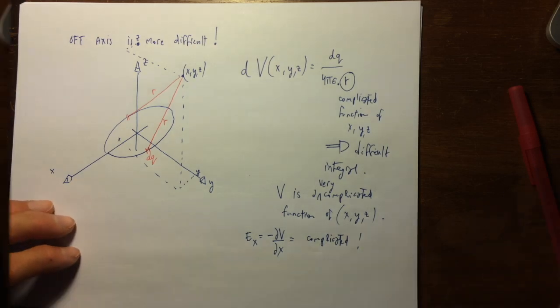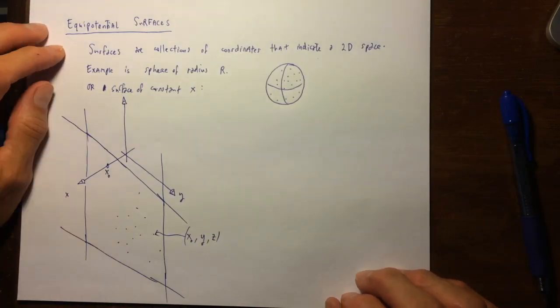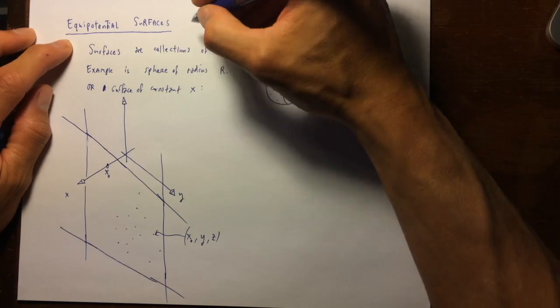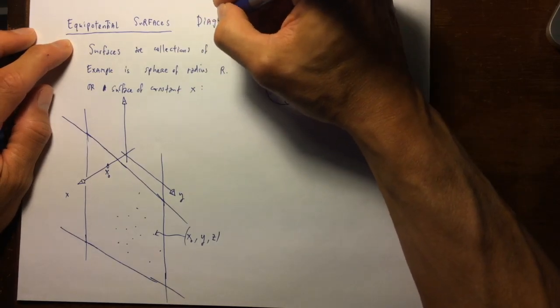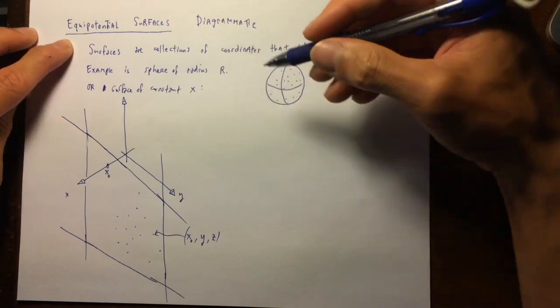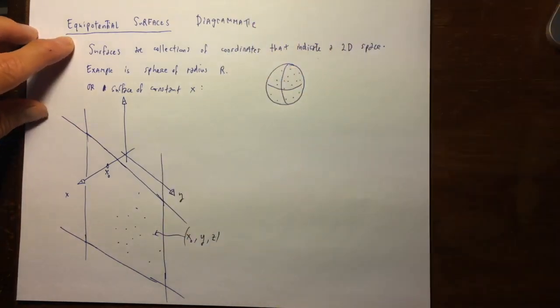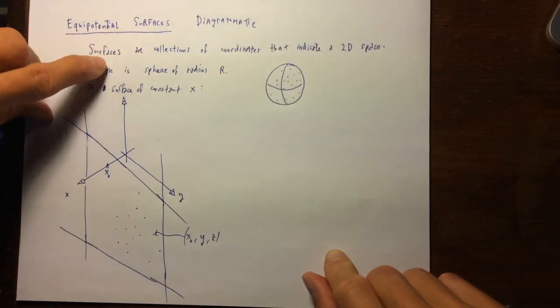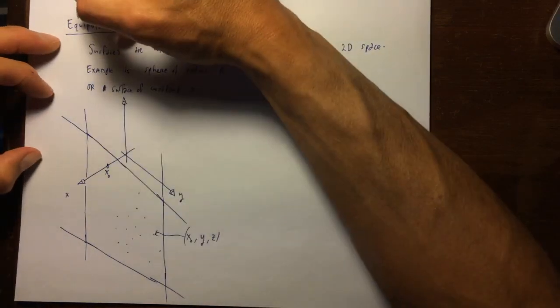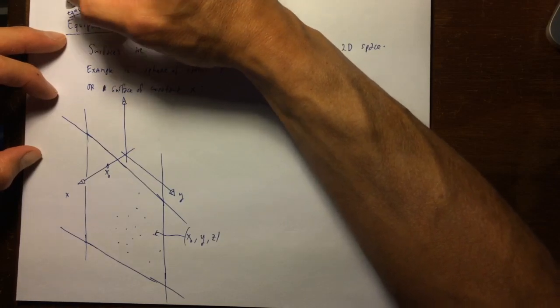Okay. The next topic to talk about is a diagrammatic topic called equipotential surfaces. It's really about pictures. So equipotential surfaces. Equi is equal, right?